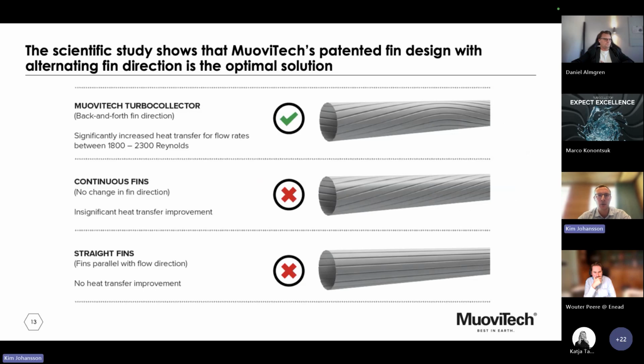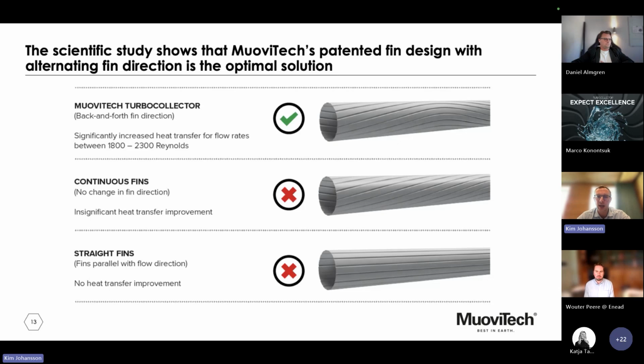In this study, we actually made more than 30 different simulations. And one thing that we looked at was how these fins should rotate. And we came up with that the design where it twists back and forth was the best. We also simulated the designs where it only twisted in one direction.